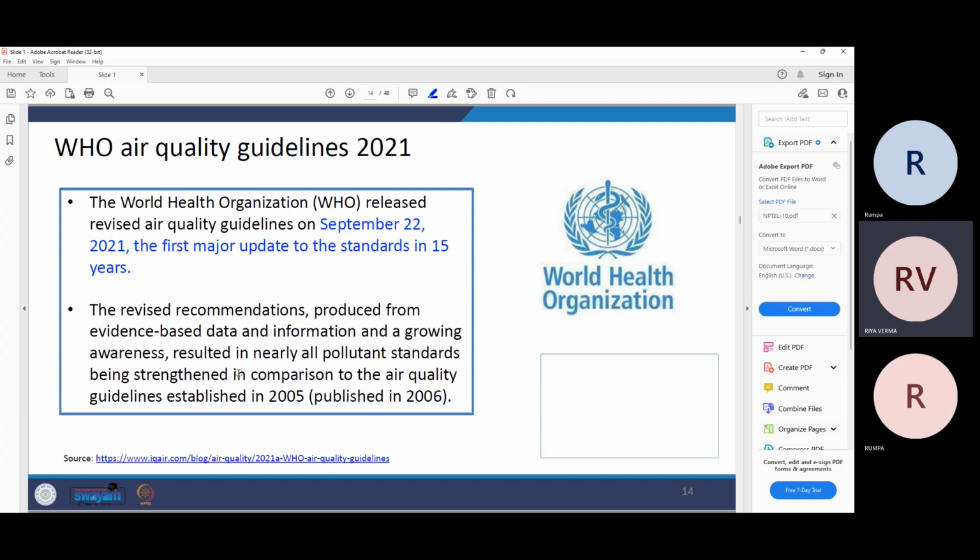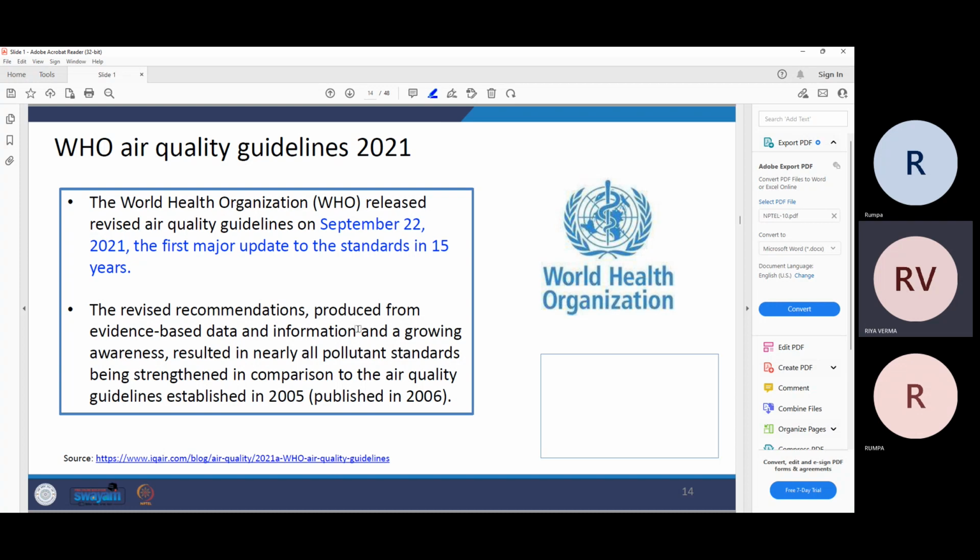It was first given in 2006, and after 15 years the major update was done. The revised recommendations, produced from evidence-based data and a growing awareness, resulted in nearly all pollutant standards being strengthened in comparison to the air quality guidelines established in 2005 and published in 2006.